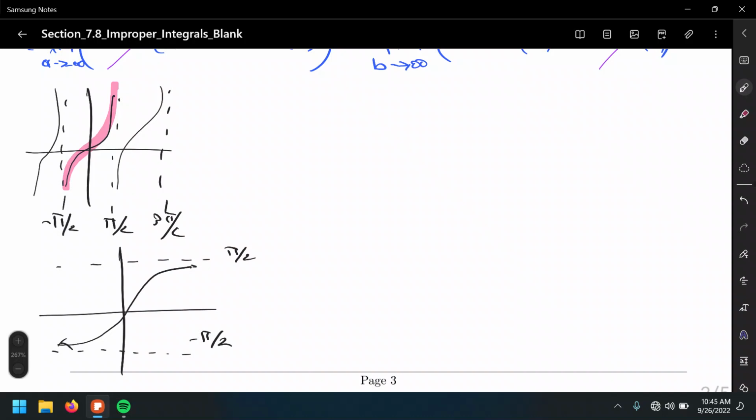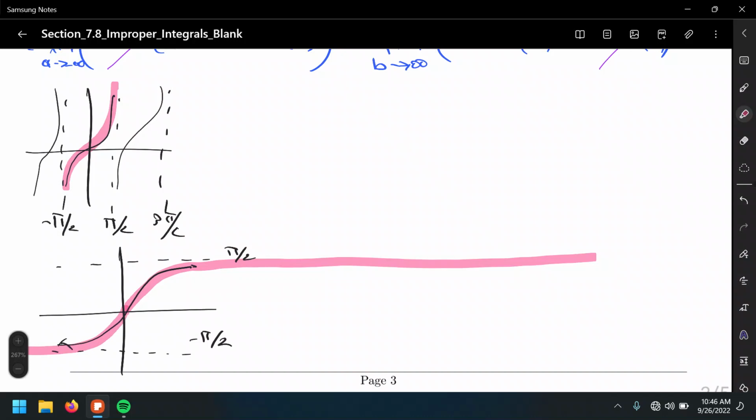This means that when we evaluate these limits at infinity, if we approach infinity, this will get asymptotically close to an upper bound of pi over 2. And if we go for the limit towards negative infinity, it's going to be the same, but in this case negative pi over 2.